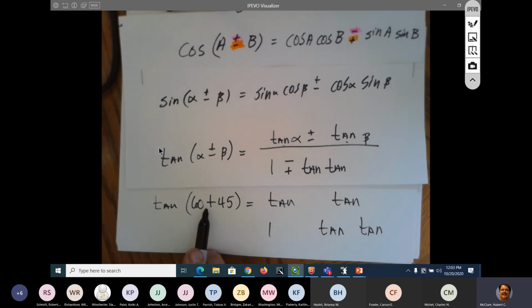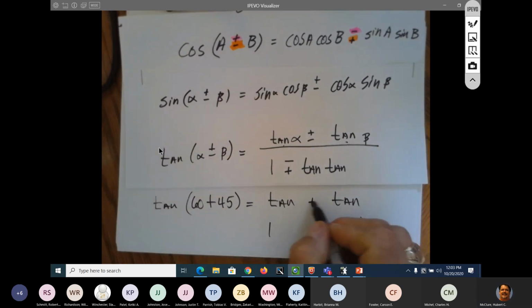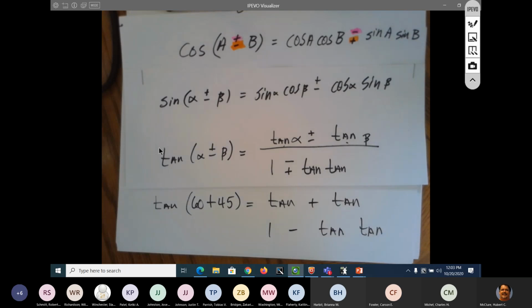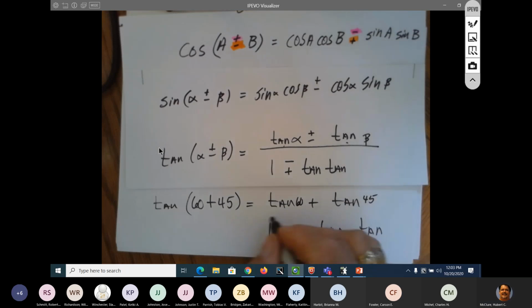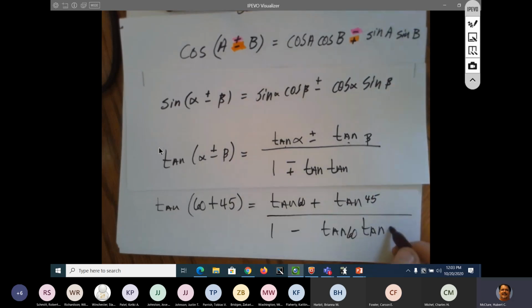And that plus dictates plus on the top and opposite on the bottom. And now you just plug and chug. 60, 45, 60, 45. Now you can do your thing.